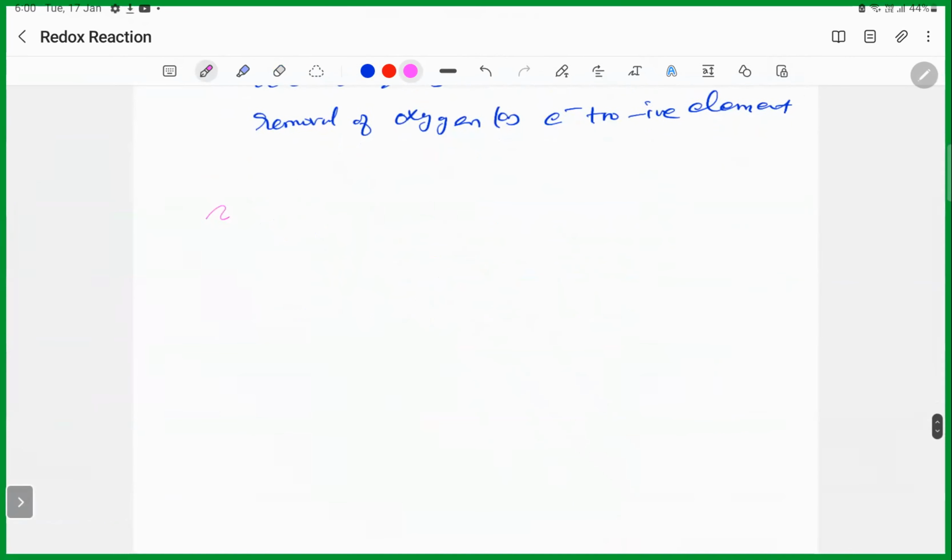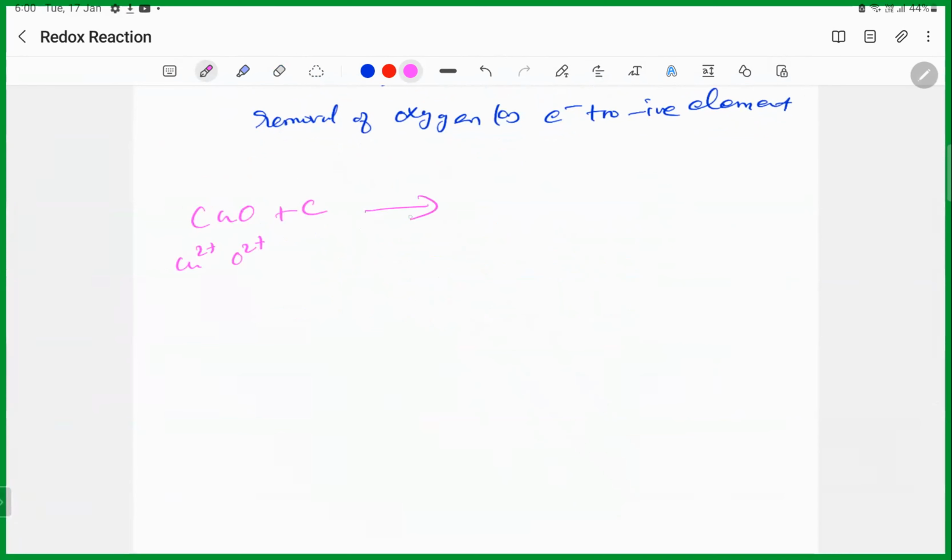When you have copper oxide plus carbon, here oxygen is O2- and copper is Cu2+. When you join them, it becomes copper 0 plus CO. So what happened when you remove the oxygen from the copper metal? The 2+ becomes 0, so the oxidation number decreases.